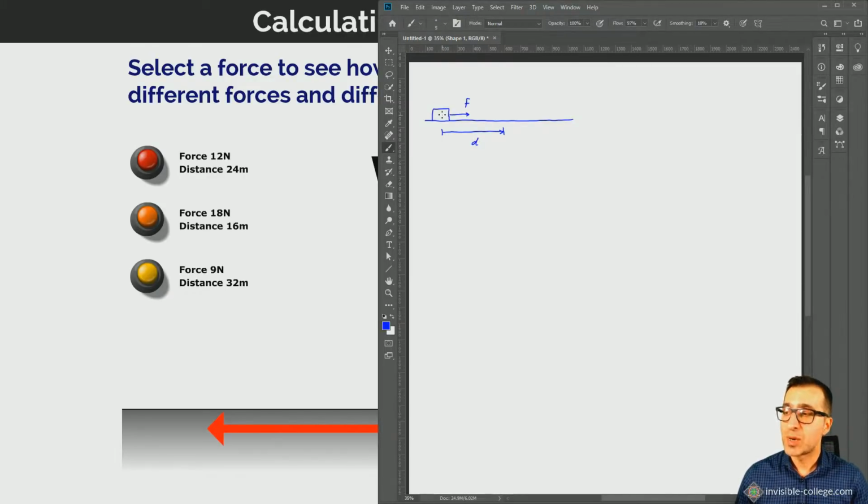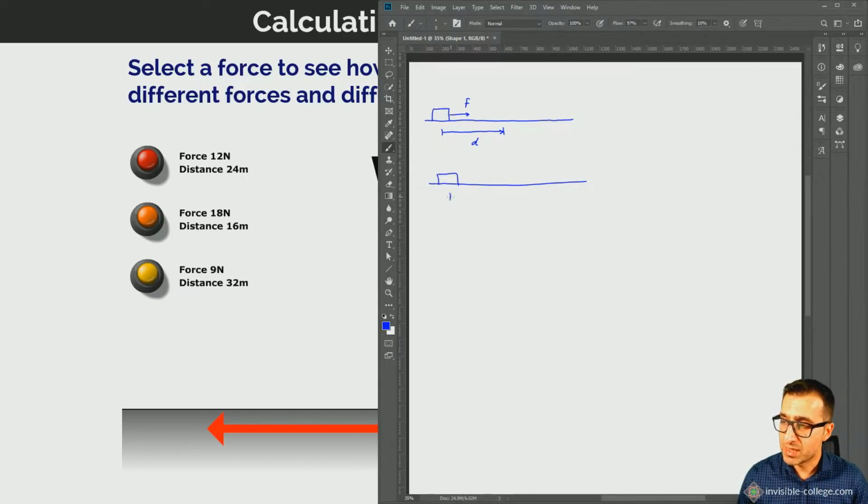So imagine a situation where you are pushing a car with a relatively low amount of force and you're pushing it a relatively short distance. Well, intuitively, we imagine that you're going to be doing less work, you're going to be transferring less energy, you're going to be making less of an effort than if, for example, you were to take that same force and move the same car a much greater distance.